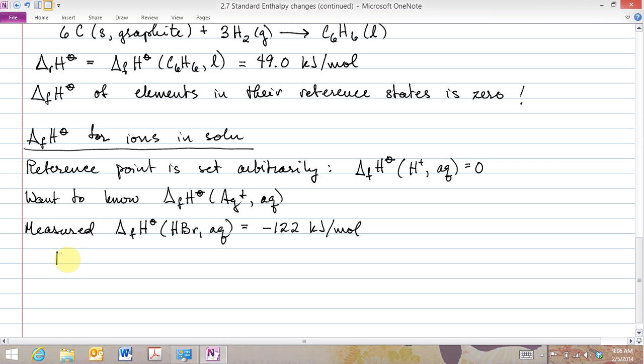And we know certain things about hydrobromic acid.